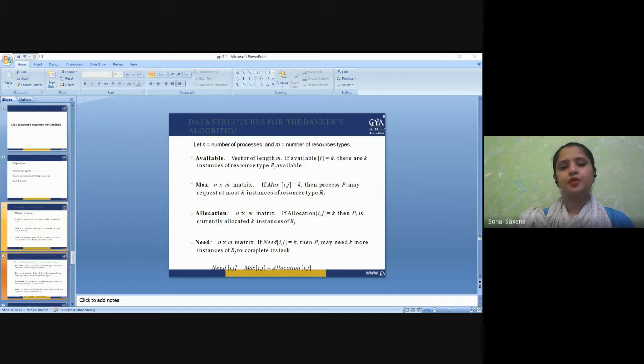Some of the resources that are tracked in real-time systems could be memory, semaphores, and interface access. The Banker's algorithm basically derives its name from the fact that this algorithm could be used in a banking system to ensure that the bank does not run out of resources.